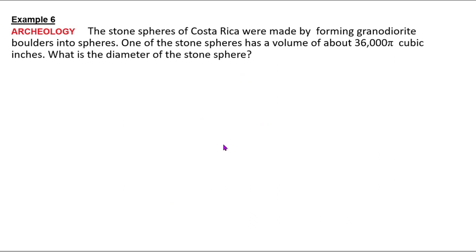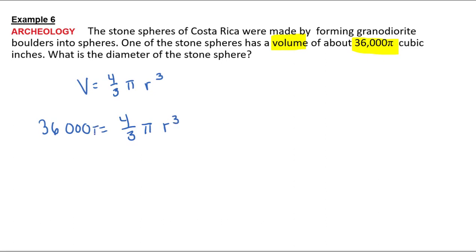Okay, our next example. The stone spheres of Costa Rica were made by forming, I don't know how to pronounce that word, I apologize, boulders into spheres. One of the stone spheres has a volume of that many cubic inches. What is the diameter? Okay, so my volume, which is 4/3 pi r cubed, 36,000 is equal to 4/3 pi r cubed, 32,000 pi.